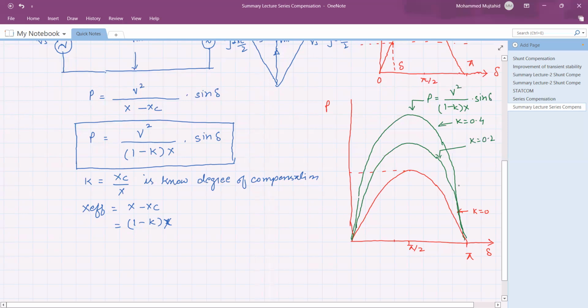If you increase the degree of compensation, K equal to Xc upon X, that is, if the reactance value of the capacitor is more, the degree of compensation starts increasing and the power handling capacity of the transmission line increases. So this is the increase in power handling capacity at different angles. At the same operating angle, the power handling capacity also increases, and which is going to increase much more in the next discussion.